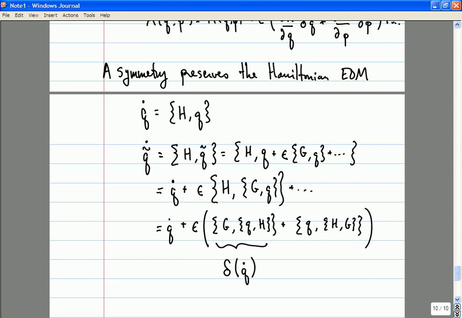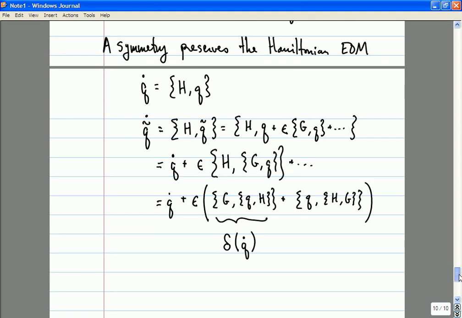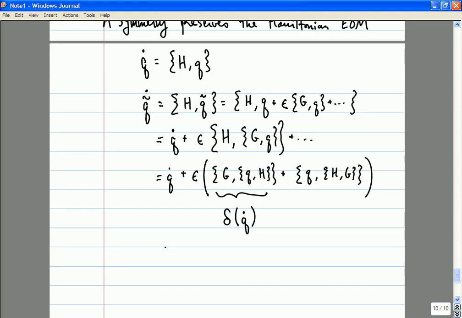So the time derivative Q tilde dot is equal to q dot plus the variation, epsilon times the variation of q dot, only if the Poisson bracket between H and G is equal to 0. So the form of Hamilton's equations is preserved only if the Poisson bracket of H with G vanishes.